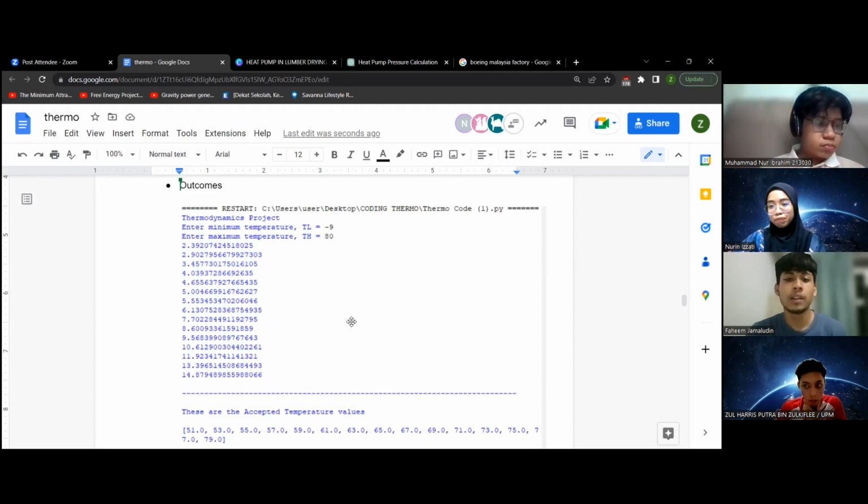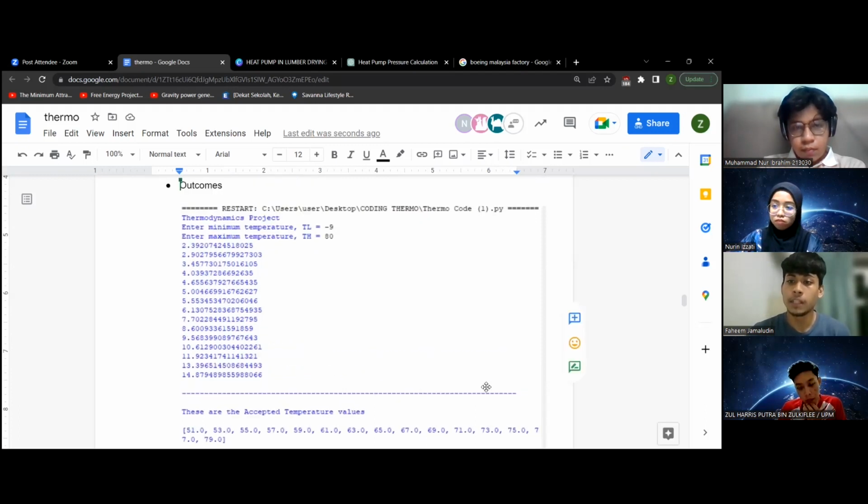As an example, we tried the values -9 and 80, and as you can see, the values above from 2.39 until 14.87 are the percentage differences. The temperatures above are all below 20% percentage difference, and could be considered quite accurate and can be used to obtain data.